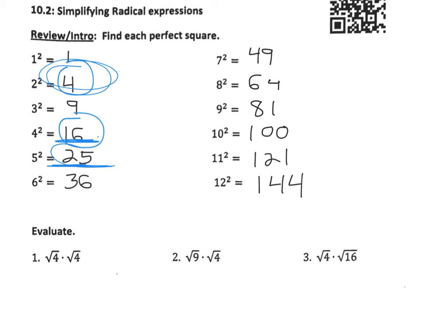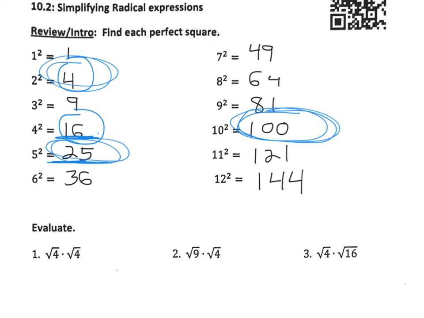I believe 25 goes into it. But the biggest number that goes into it is this 100. All right, so keep going until you get the biggest perfect square that goes into the number inside the square root. And in this case, it's 100. 100 goes into 500 5 times.